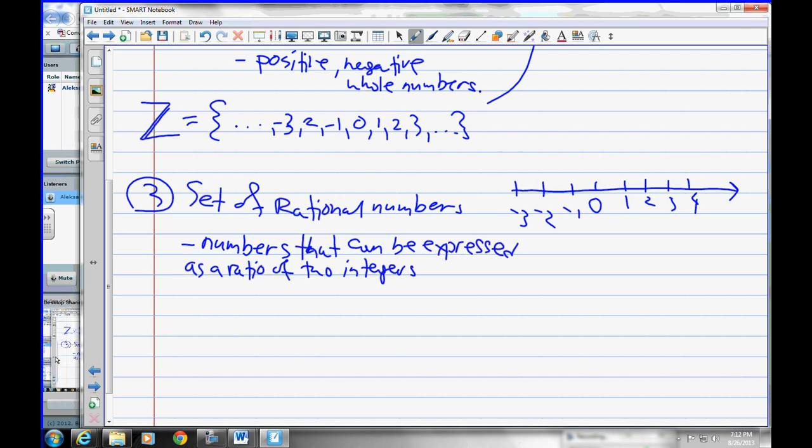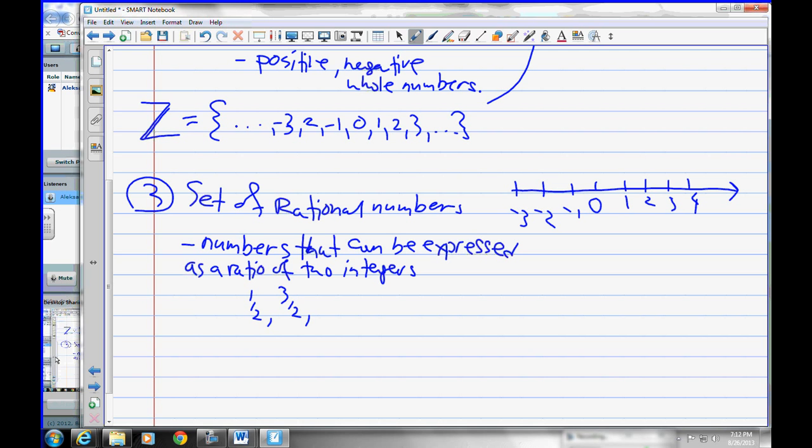Give me some examples of such numbers. 1/2. Sure, 1 half. Give me another one. 3 halves. Give me something that's a little more interesting.